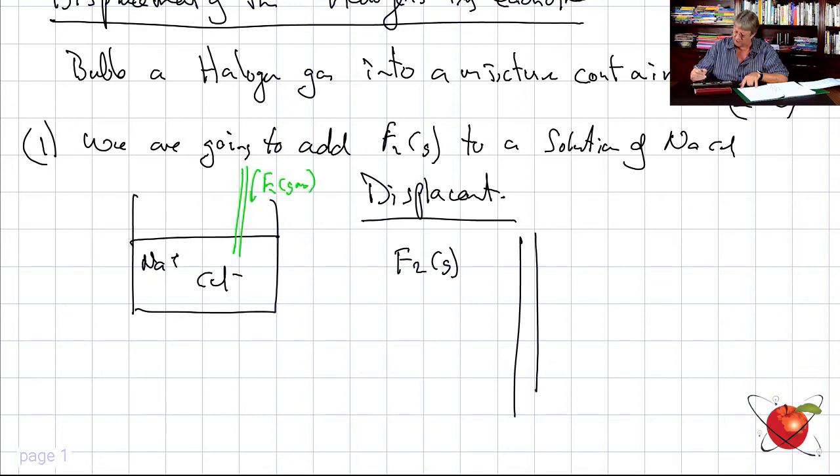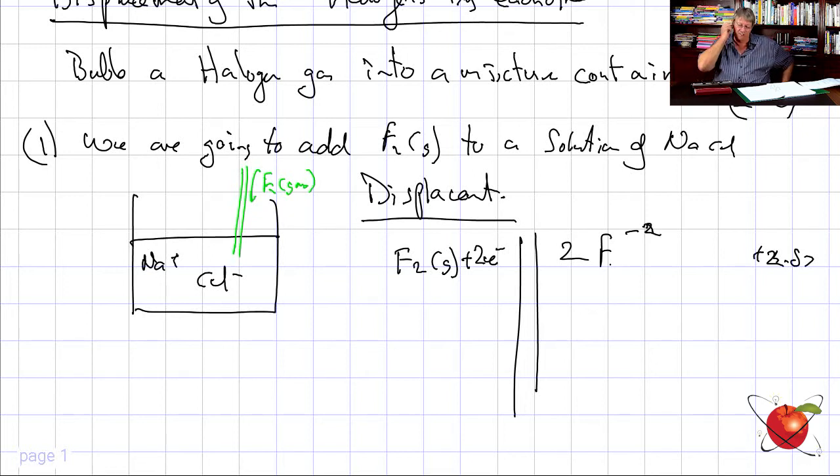And what am I asking it to do? I'm asking it if it's going to form F minus: F2 plus 2 electrons going to 2F minus. You will find that on the table right at the bottom at plus 2.87 volts. Right at the bottom, you'll find it there because it's the most electronegative element.